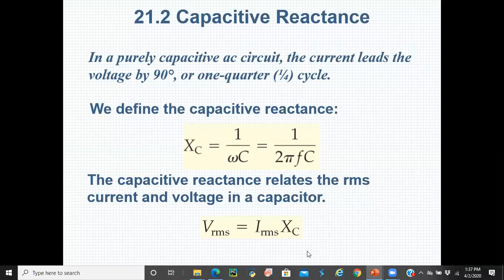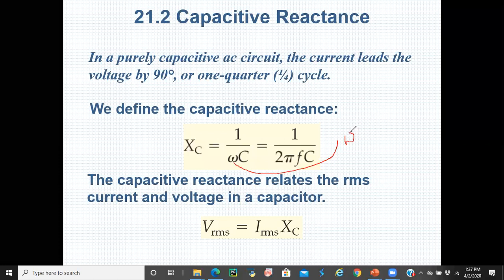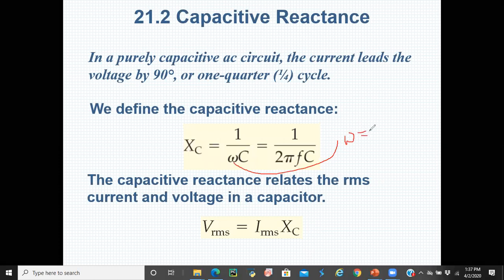This omega is 2 pi f, right? 2 pi into frequency. So C is the capacitance.